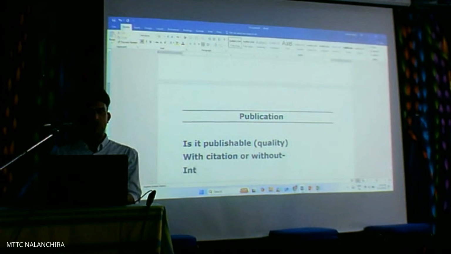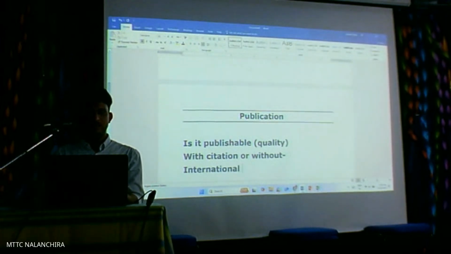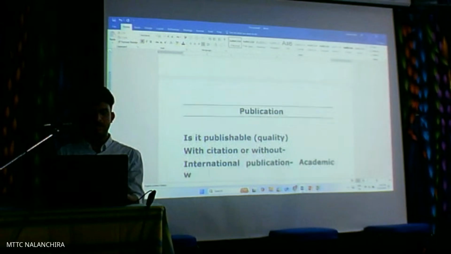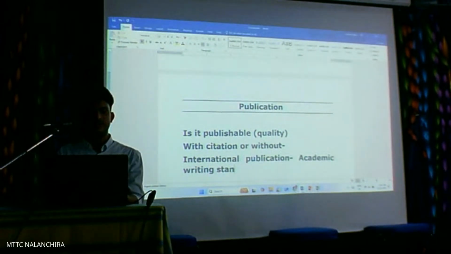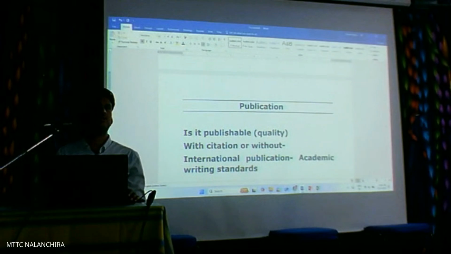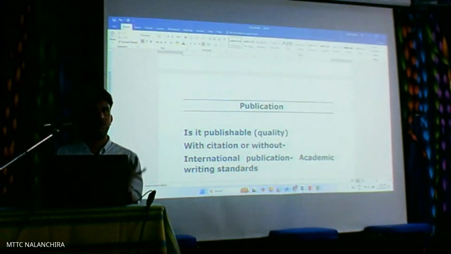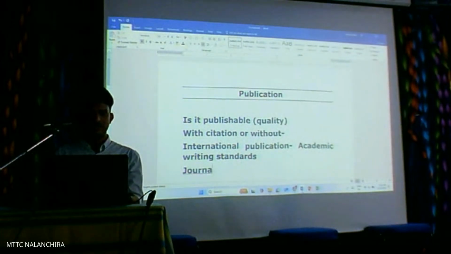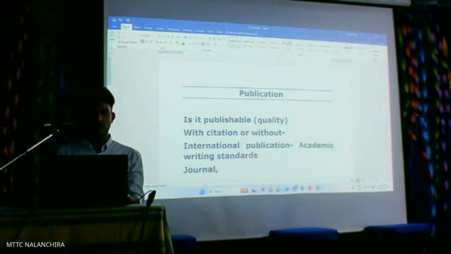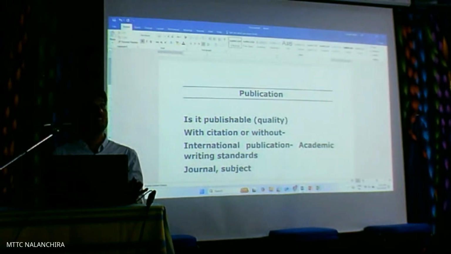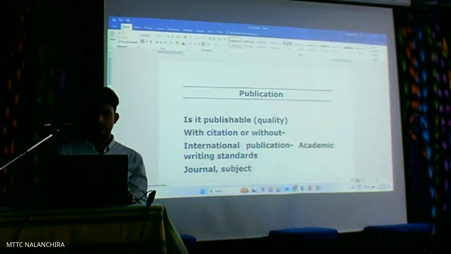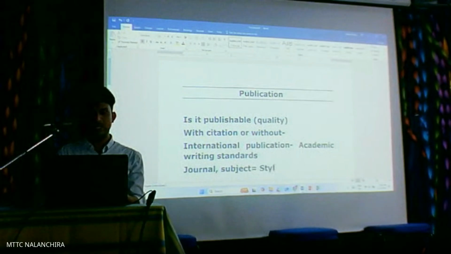Actually, if you talk about international publication, the first criterion is that it should be according to the academic writing standards. There is a standard, and accordingly you have to write. Journal-wise, subject-wise, there is a style of writing.